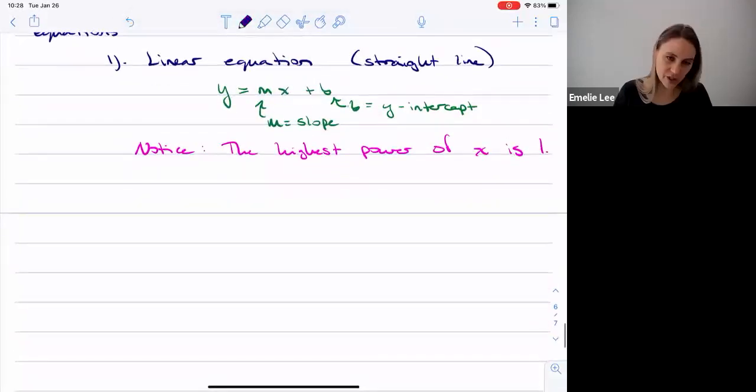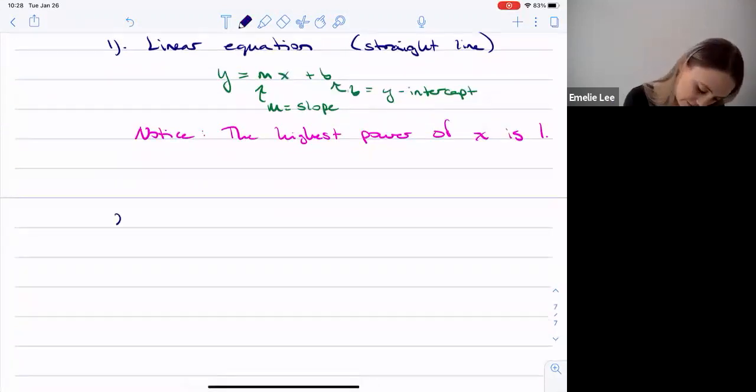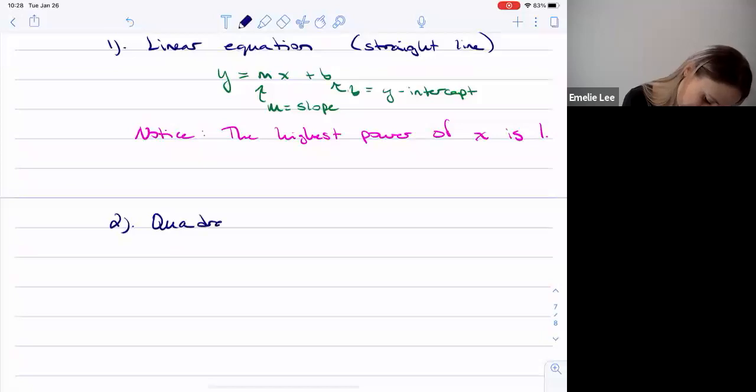The second equation we're going to be dealing with is a quadratic equation, and quadratics come up so often, so that's why I want to talk about the quadratic, but also how we factor quadratics. Eventually we'll talk about factoring quadratics, but for now let's just talk about the form.